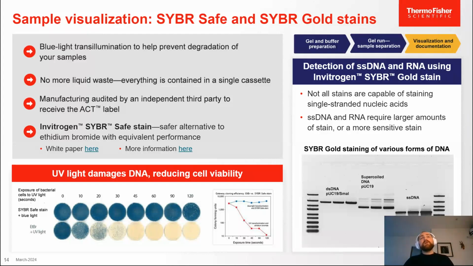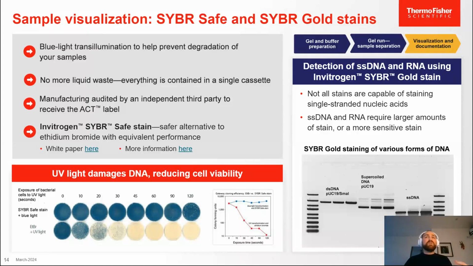This is particularly important in the context of your downstream applications. Say for cloning, blue light will result in higher cloning efficiencies. But it is also safer for you because you're no longer being exposed to UV light. Additionally, not all stains are capable of staining all types of nucleic acids.